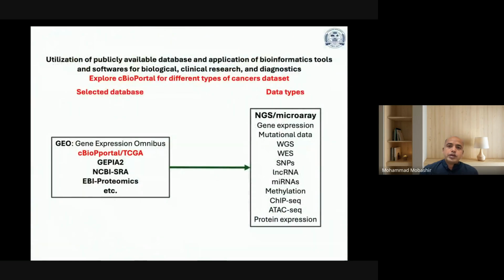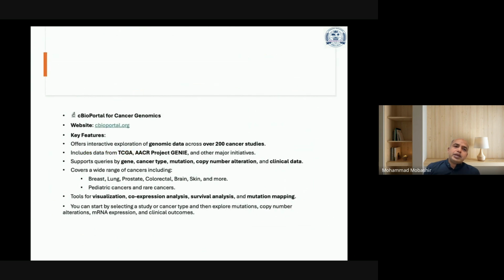So here, this is the previous slide where I had mentioned cBioPortal or TCGA as the major source of cancer data sets. And in general, if you would like to know about cBioPortal for cancer genomics, the website is cbioportal.org.